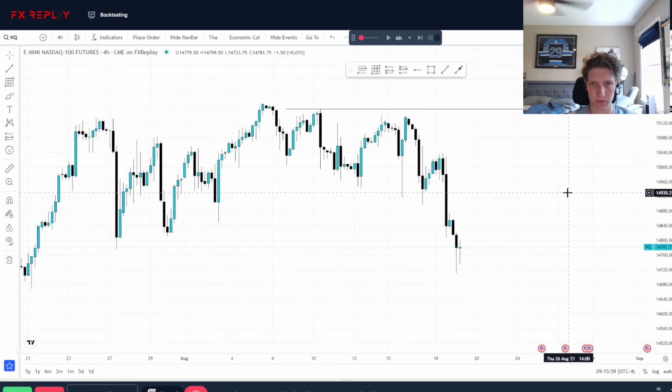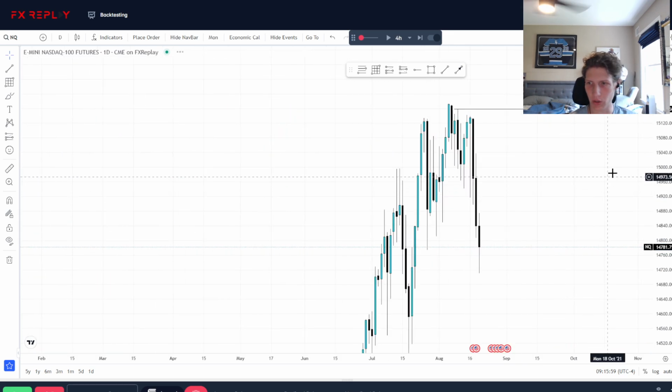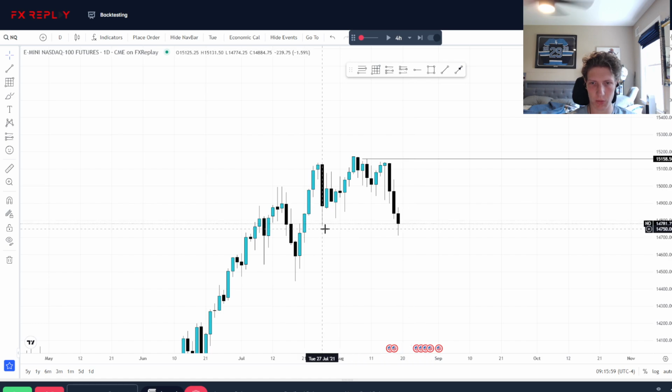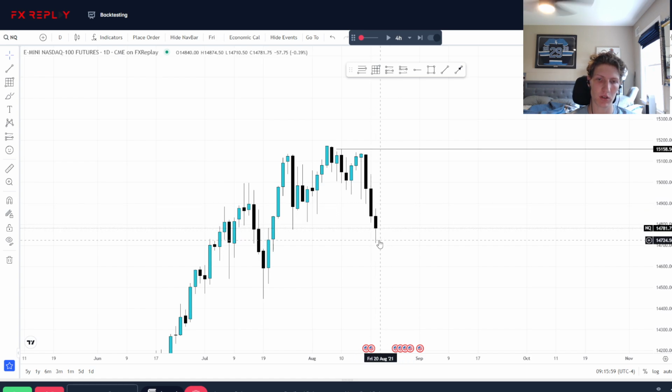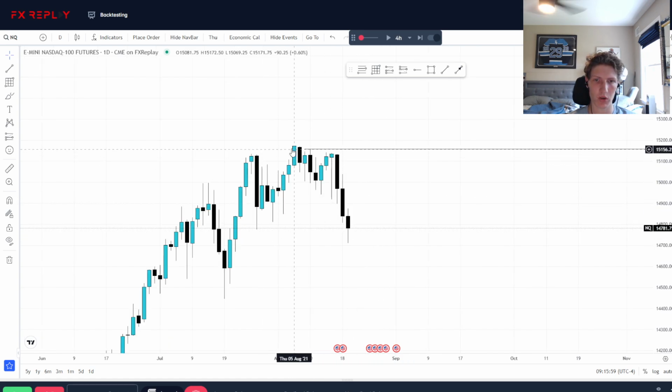Let's see. Gotta be careful though, right? We are intraday trading. Just because we swept lows on the daily does not mean anything for us realistically. It can give us an idea of where we want to see the daily candlestick go, but we're not taking a swing trade up to these highs, so we have to be careful.